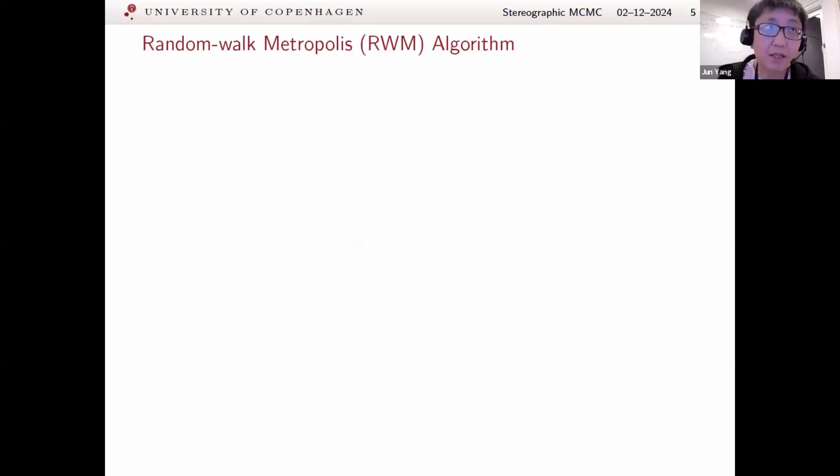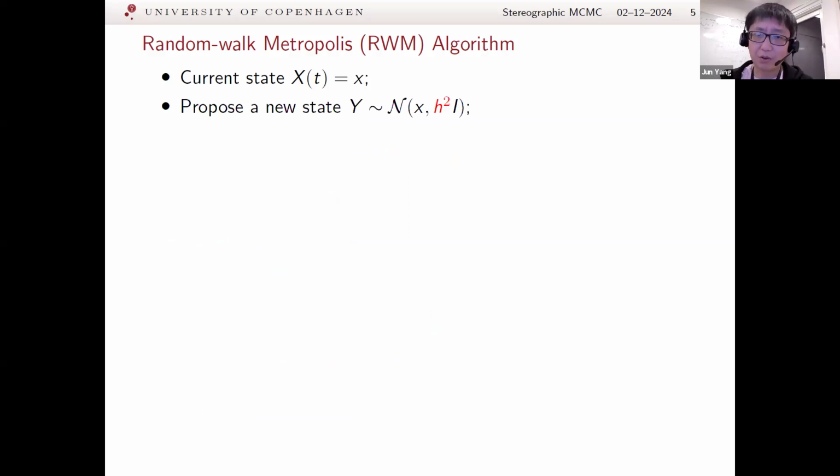Okay, so let's start from the first very simple Markov chain, called the random walk Metropolis algorithm. It's a very simple construction. Imagine the current state of the Markov chain is at a small x. The first thing I do is a random walk proposal, basically centered at the current location of the Markov chain, by a Gaussian random walk with only one tuning parameter, that's the proposal variance.